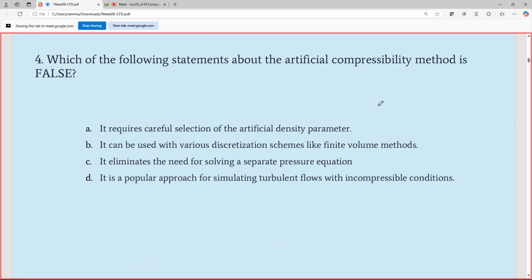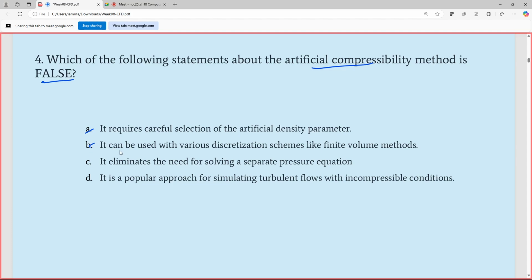Moving on to the next question. Which of the following statements about the artificial compressibility method is false? So the question is asking you to find a false statement among the following regarding the artificial compressibility method. Option A, it requires careful selection of artificial density parameter.